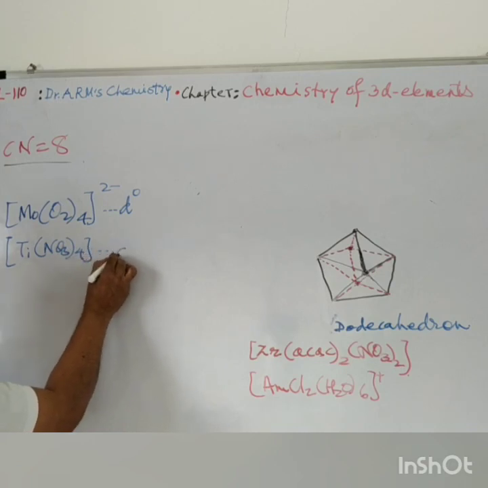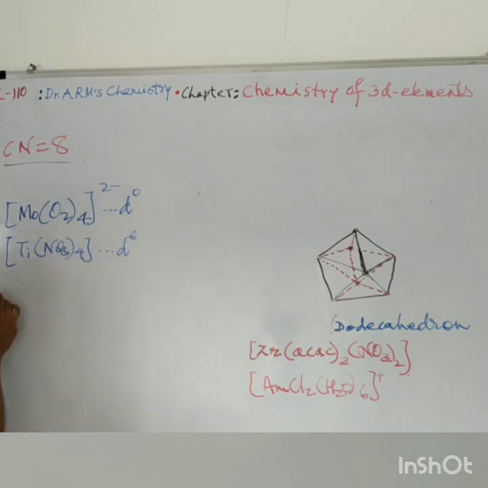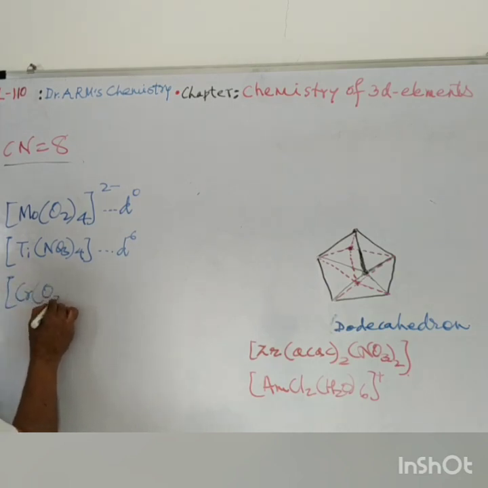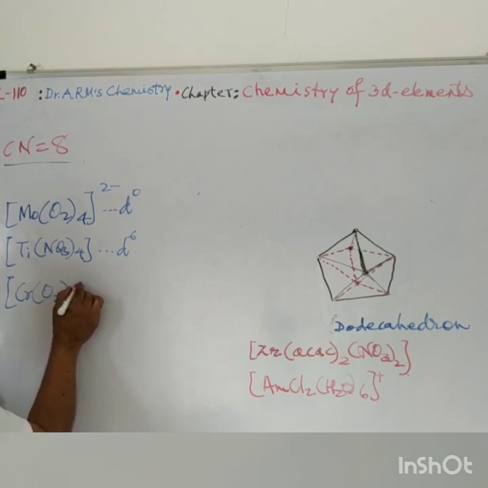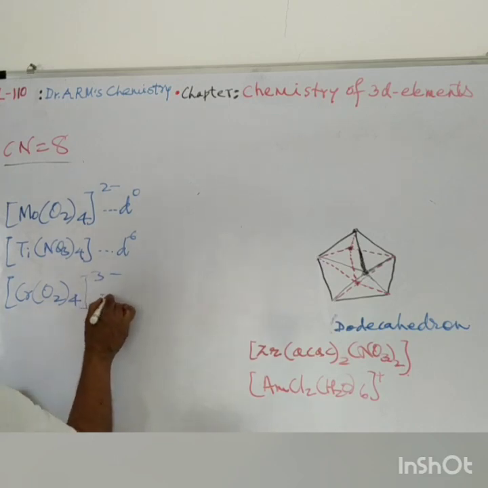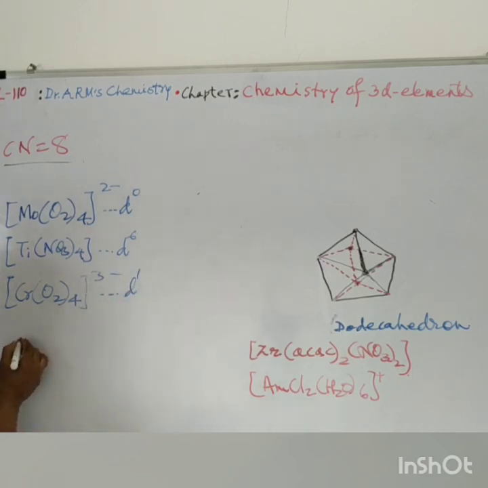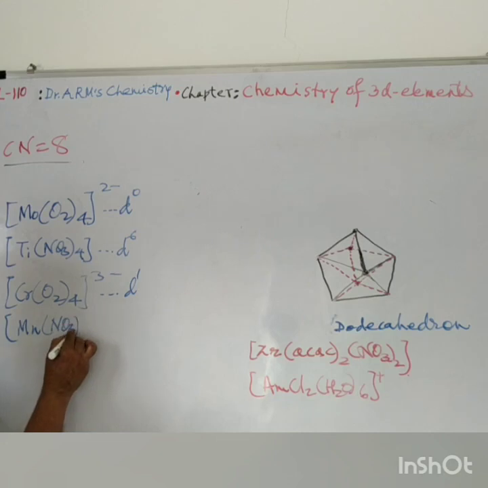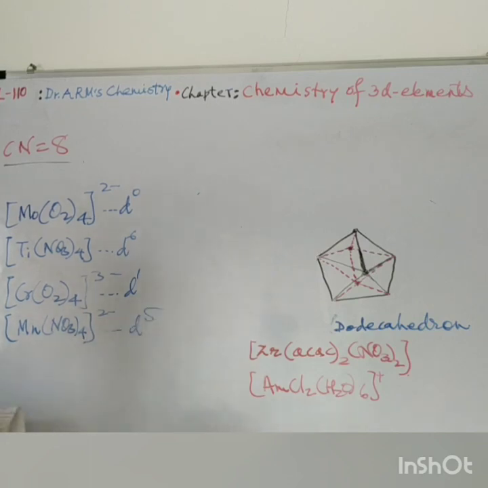This is also d0 configuration. Then another example is Cr(O2)4 3- charge, and d1 configuration. Another example is Mn(NO3)4 2-. So this is d5 configuration.